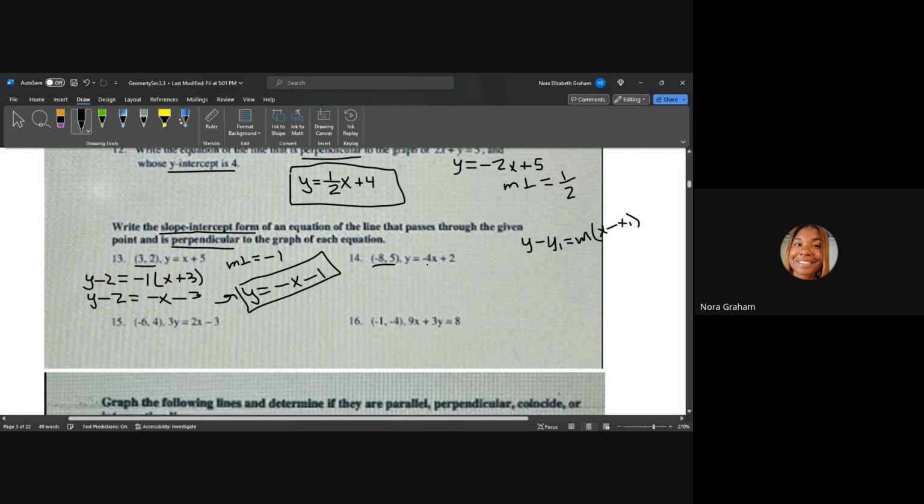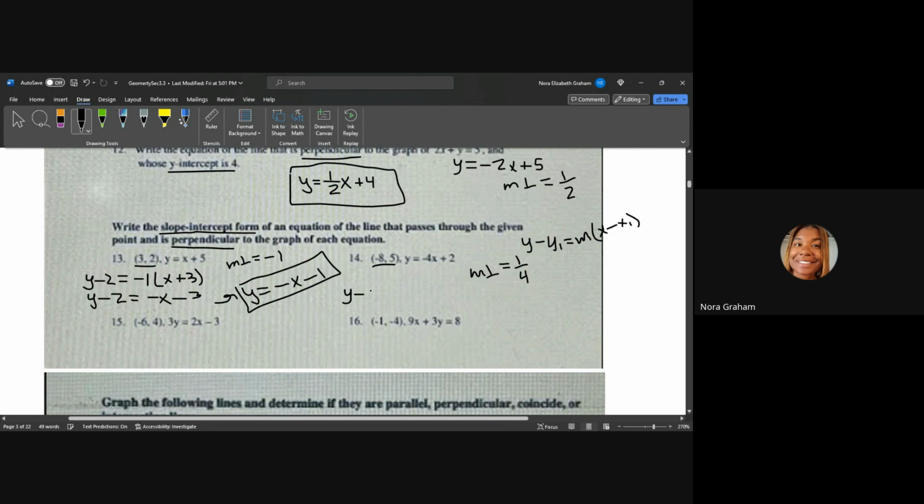Again, we're going to use point slope form. I'm going to start going a little bit faster so you guys can stay with me, okay? So for this one, again, we want a slope that is perpendicular to -4. The slope that is perpendicular to -4 is 1 over 4. I have my point, and I have my slope, so I plug it into my formula.